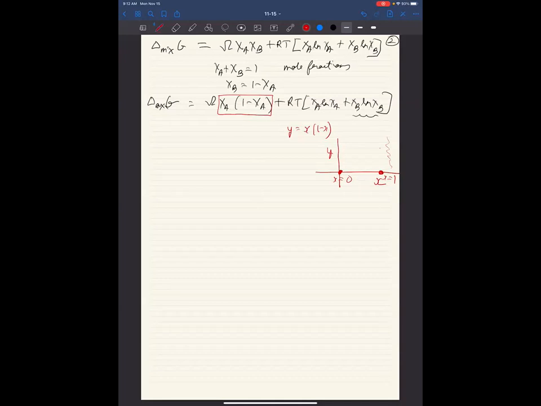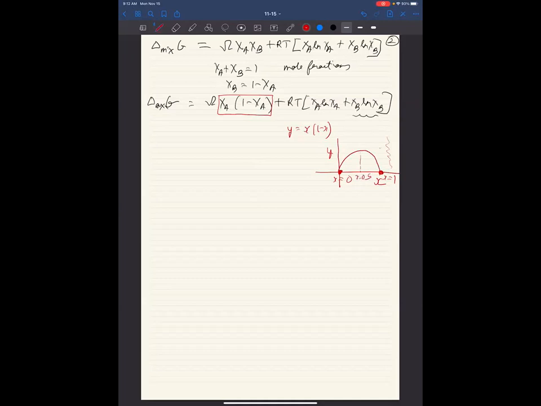If you do dy by dx is equal to 0 for a maxima, which means 1 minus 2x is equal to 0, or x is equal to half. What is the other condition for a maxima? d square y by dx square should be negative. You can go and check that. d square y by dx square everywhere is minus 2. So definitely this is a maxima. So it will have one maxima at half, and it's going to look something like this.